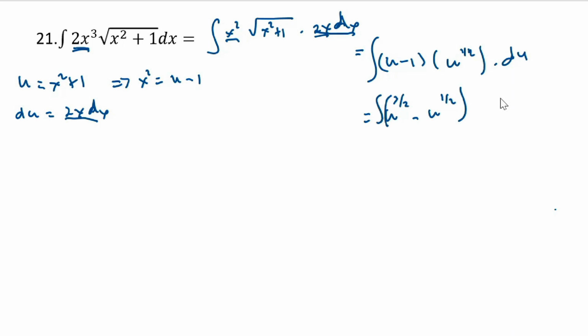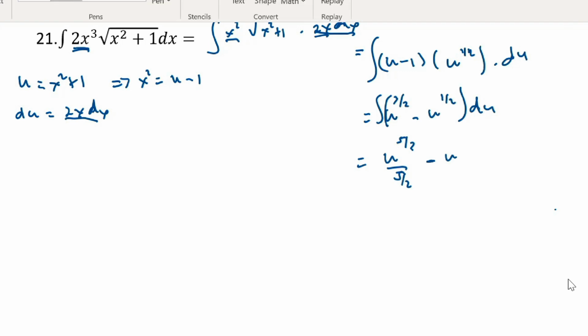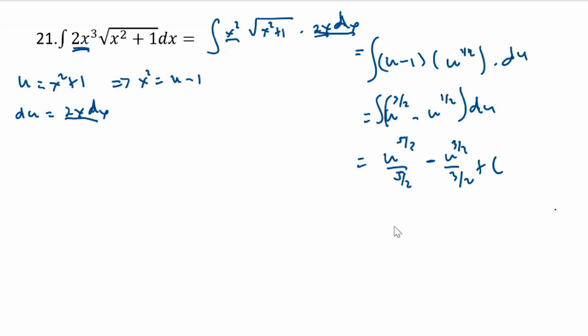Then the integration of this will give us u to the power of 5 over 2, over 5 over 2, minus the integration of u raised to 1 half, which gives us u to the power of 3 halves over 3 halves, plus a constant.